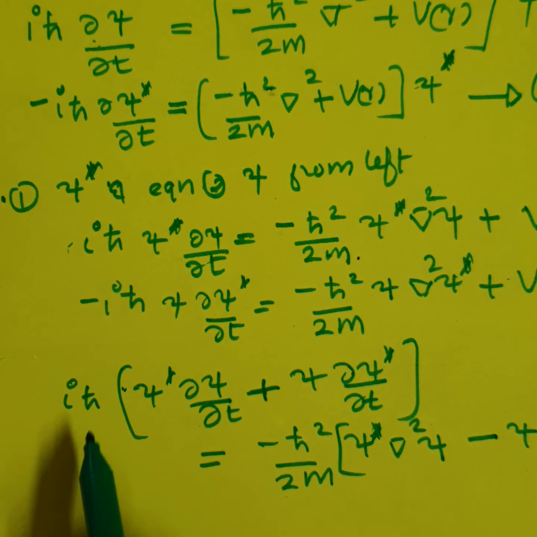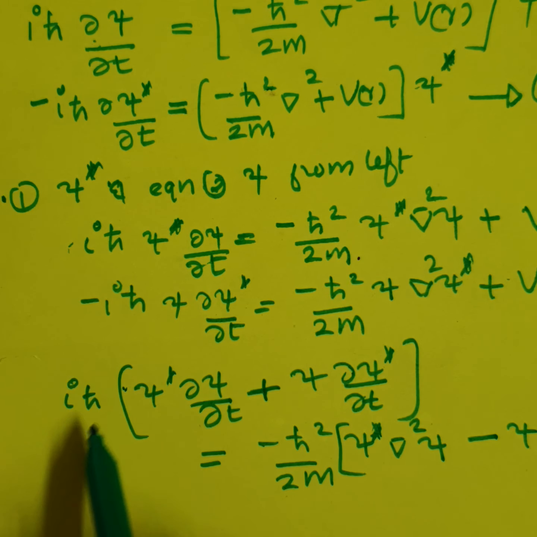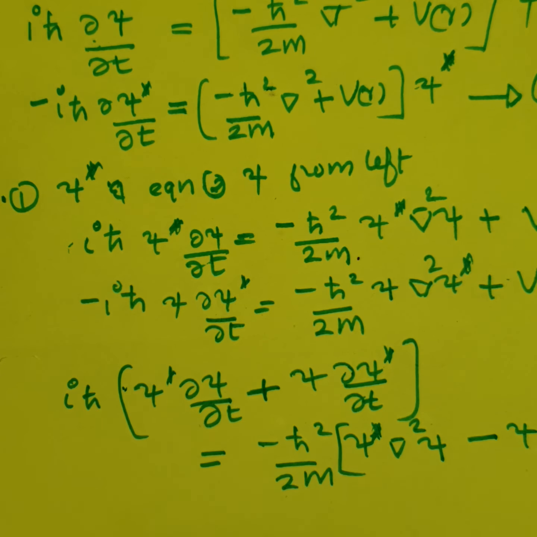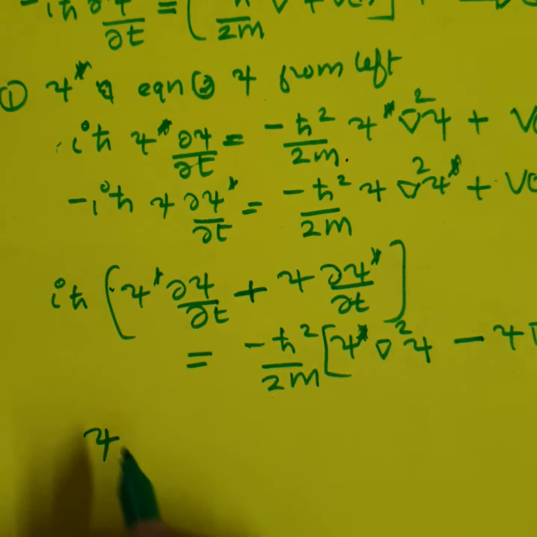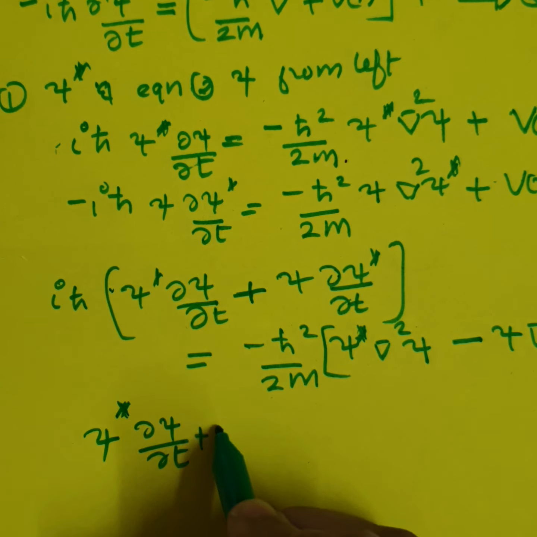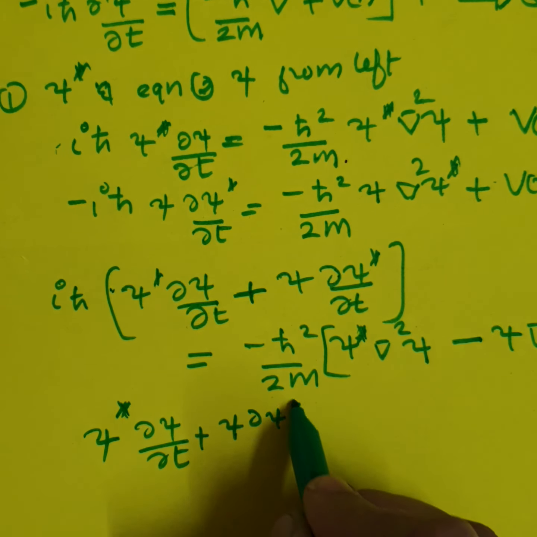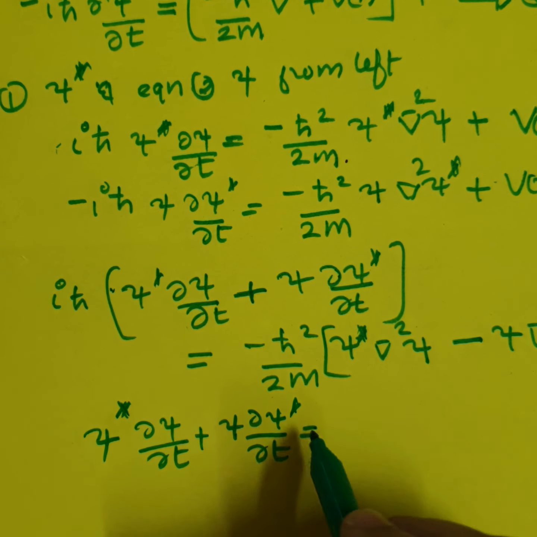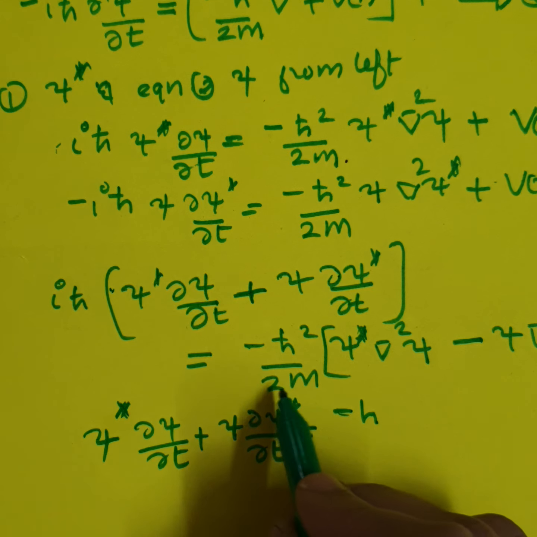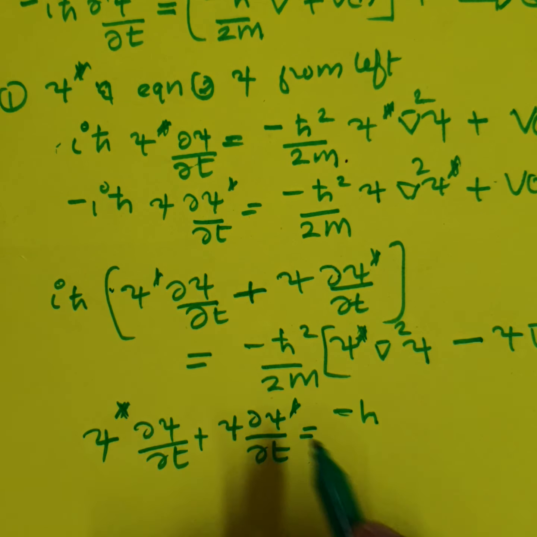Here we can also move this iħ to the right-hand side. Then the equation will be ψ* ∂ψ/∂t plus ψ ∂ψ*/∂t equals minus ħ²/2m divided by iħ.